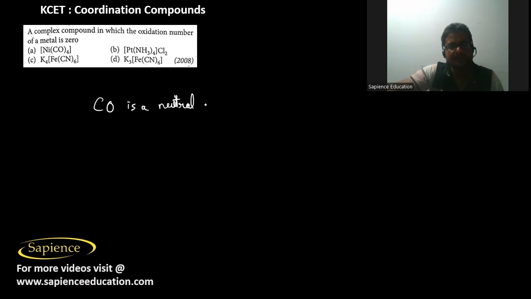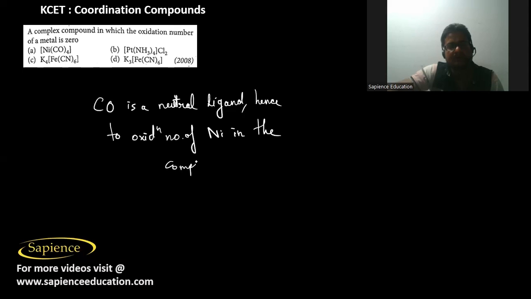CO, as you know, is a neutral ligand. Hence the oxidation number of nickel in the complex Ni(CO)4 will be 0. So option A is the correct answer.